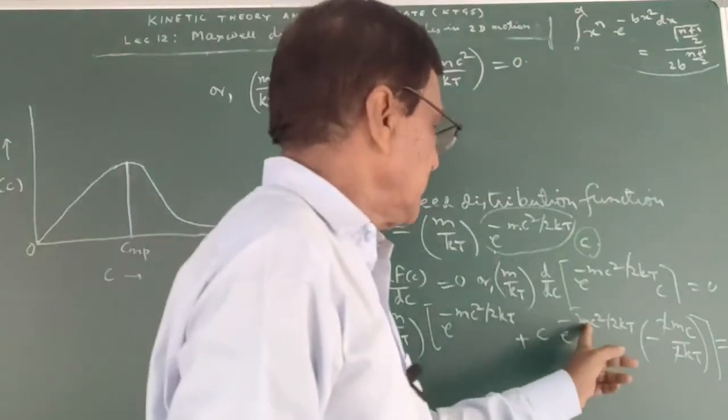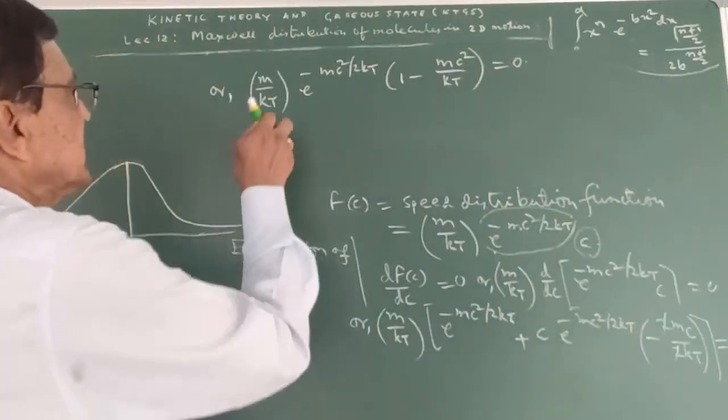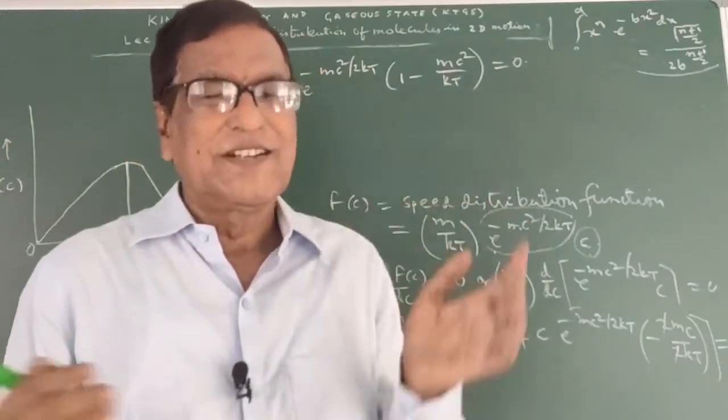But m by kT will never be 0, it is a constant term.